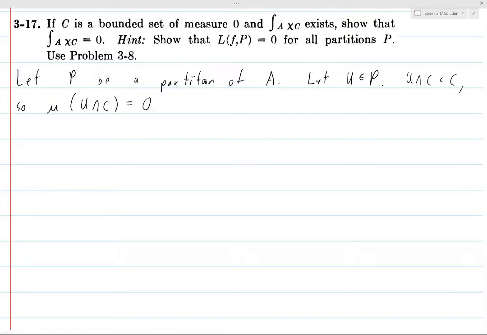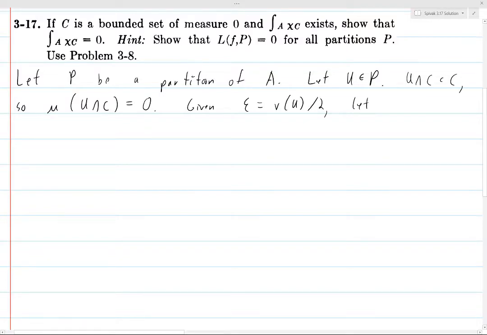Basically what we want to do is look at what the lower sum is going to look like on this particular set U. So anyways, U intersect C has measure 0. So if we're given any epsilon, we can cover a set of measure 0 by rectangles whose total volume is less than epsilon. So we're going to set epsilon to be the volume of U divided by 2.